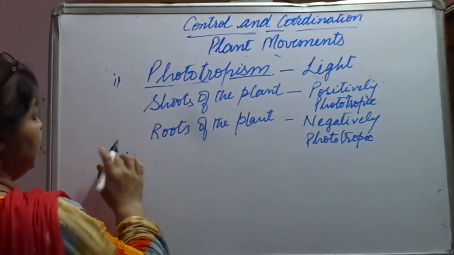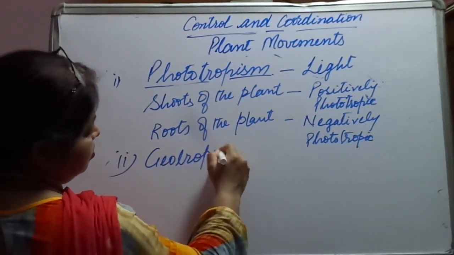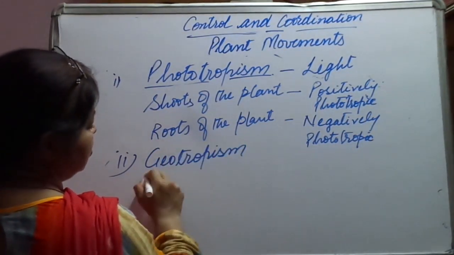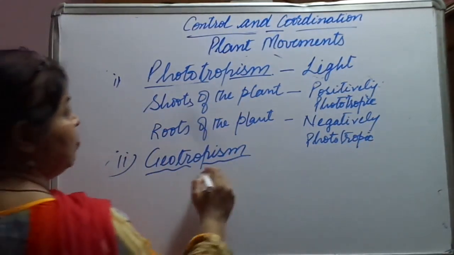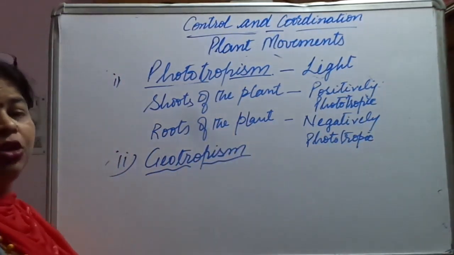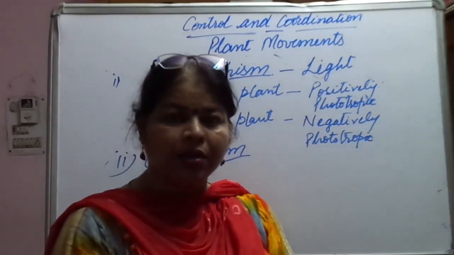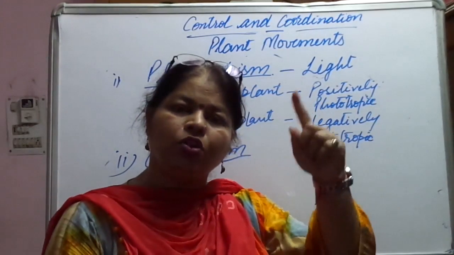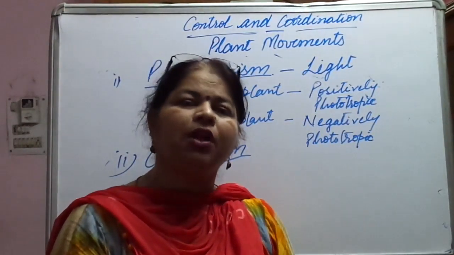The second tropism is geotropism. What is geotropism? It is when the plant part shows growth either away from gravity or towards gravity, meaning the shoot is growing upward and the root is growing downward.